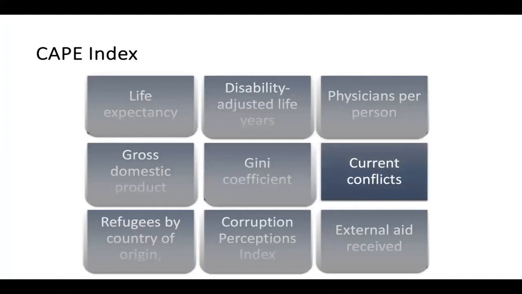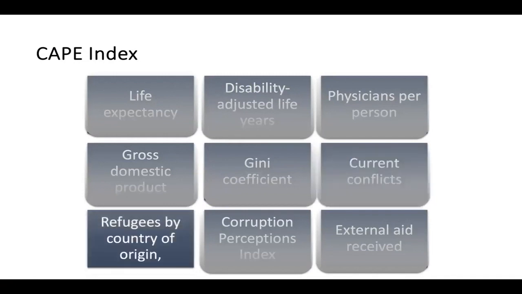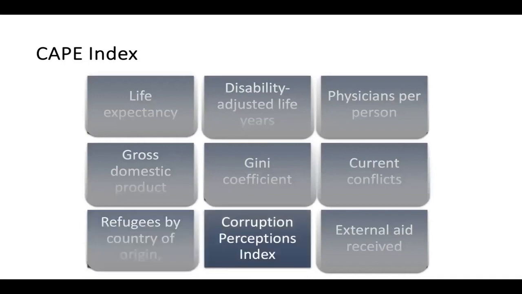Current conflicts. A list of ongoing armed conflicts was identified, as well as the death toll associated with each conflict. Number of refugees by country of origin. The corruption perception index, according to Transparency International.